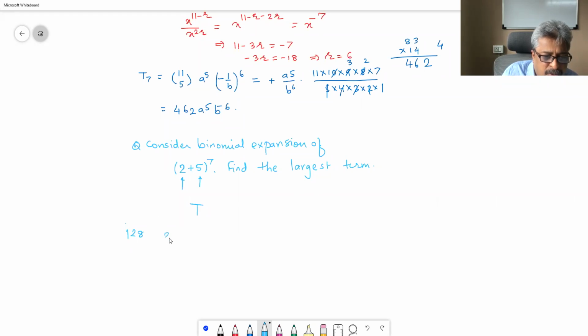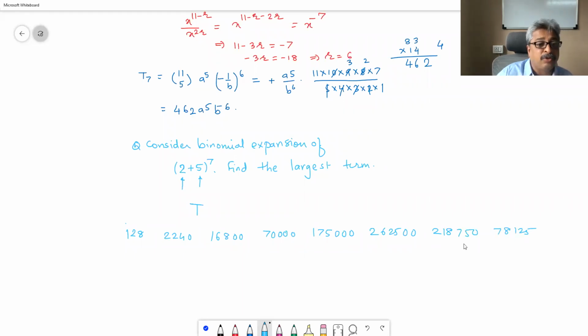Second term is 2240. Third term is 16800. Fourth term is 70,000. Fifth term is 175,000. Sixth term is 262500. Then 218750. And the last term is 78125.